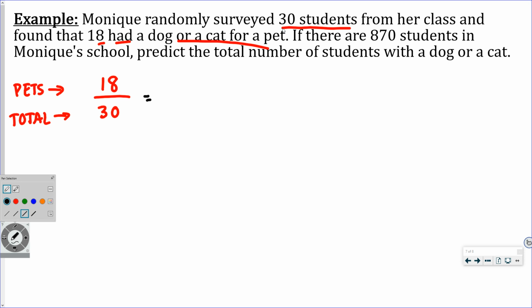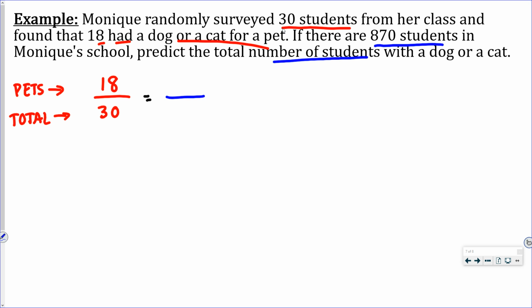So I want to predict the total number of students with a dog or cat in the school. So since I put my total number of students on the bottom, when I go to set up the second ratio, I need to put the 870 in the bottom. And I don't know the number of pets. I'm trying to predict that, so that's where my variable goes. So you could also do this. If you want to put the total on top, you just have to be consistent in the proportion.